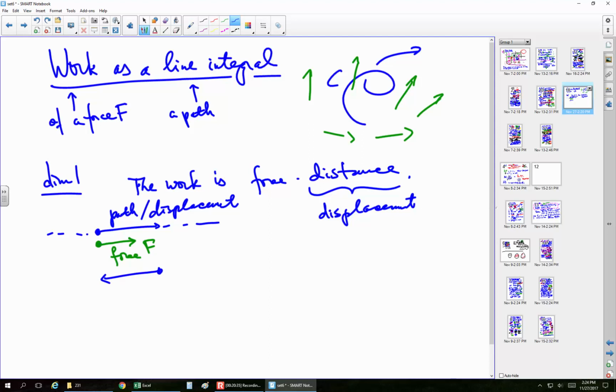Even in the one-dimensional case, using vectors still makes sense, even though you can replace them with simply numbers that are chosen from the beginning to be algebraic, positive or negative. But then you have to decide whether the distance you have covered is along the force, that's one thing, and against the force is different.